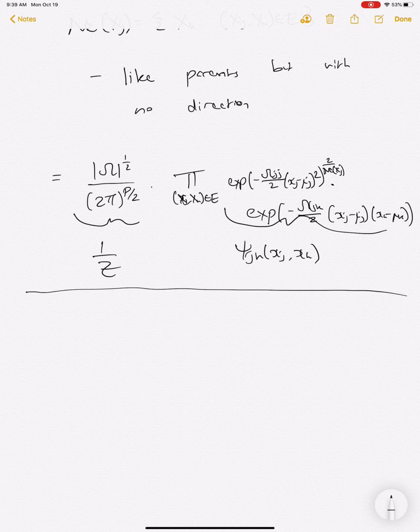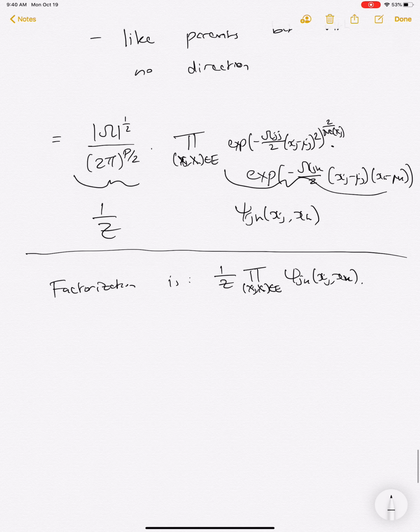So recall that the factorization is, okay.